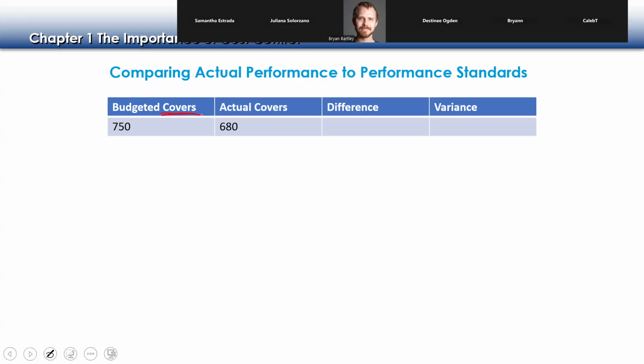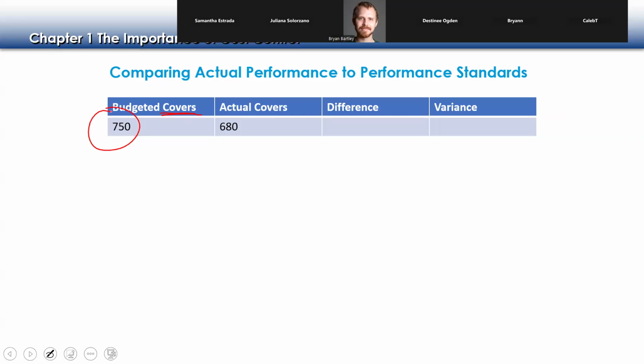So if we say 750 covers, that means we served 750 guests. We wanted to serve 750 guests. Depending on the level of service of your restaurant, the manager says, okay, tonight we have 350 covers. That means we have 350 reservations. And we also might have some walk-ins, so we might serve a few more than that, okay?